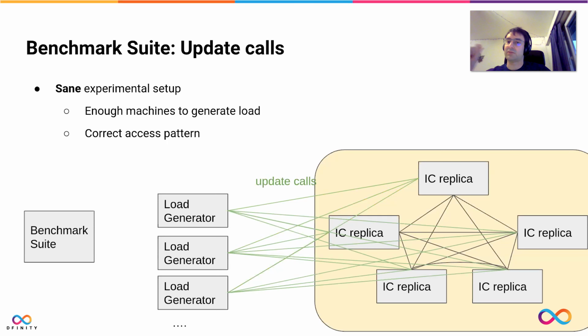So we need to send them around to everybody first. Now, if we always target one single replica with the update calls, that single replica would have to broadcast those update calls to everybody else, and we would create a bottleneck in the network. So it's very important that if we want to stress a subnetwork with update calls, we send those equally to all replicas in the subnetwork.